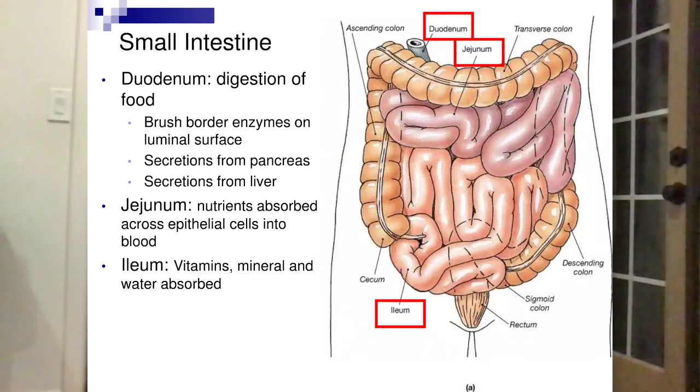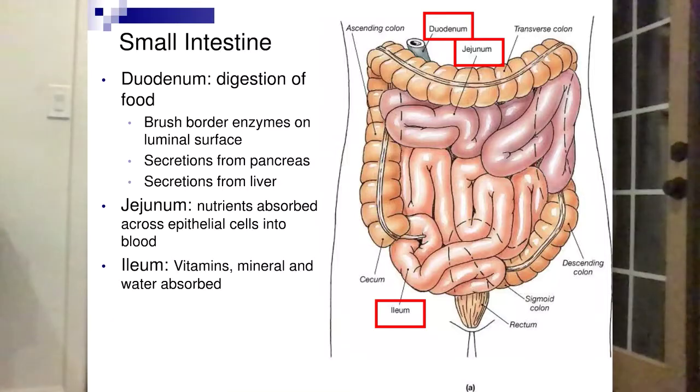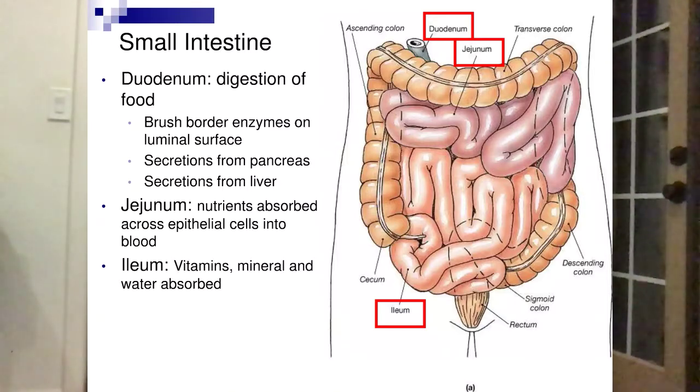There's some embedded in the lining, but it has to receive significant enzymes from the pancreas and from the liver. Okay, so we're going to talk about that next, but let me just finish the rest of the small intestines. Then from the duodenum, it becomes the jejunum, which is about 8 feet long, and we get nutrient digestion or absorption there.